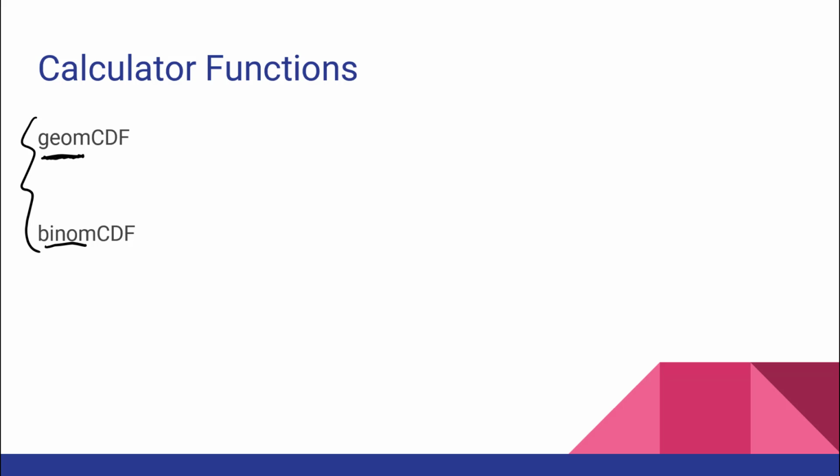Geom CDF is for the geometric model, binom CDF is for binomial models, and they're for your more complicated probability questions. So in the questions we've done, it's just said something like, what is the probability that we get a fish after 15 minutes? Or what is the probability that we get a toy on our 5th box? We only have to calculate the probability of getting a toy on box number 5.